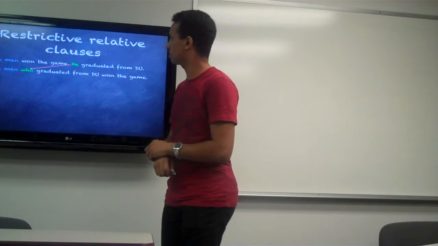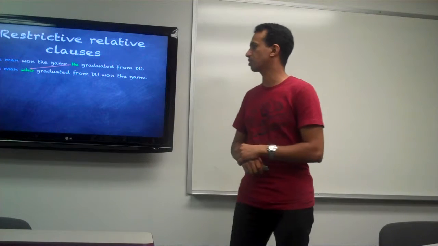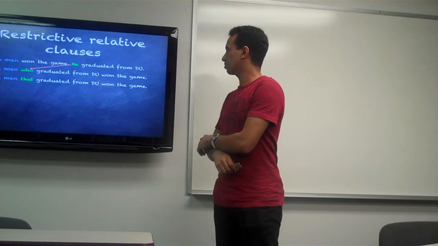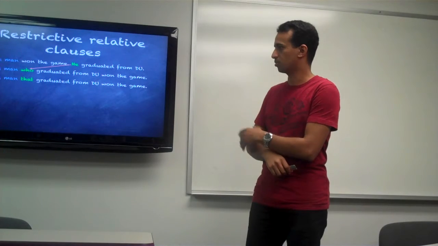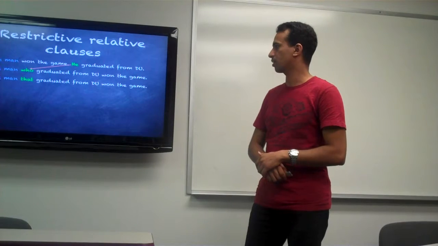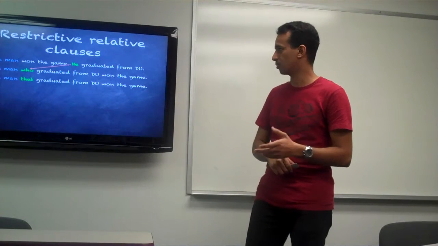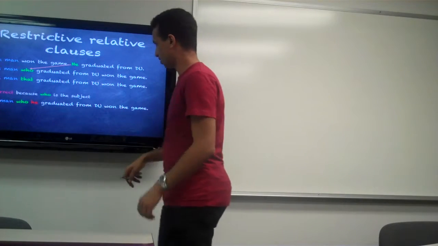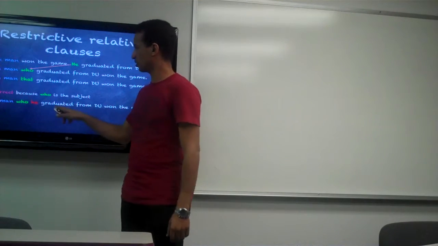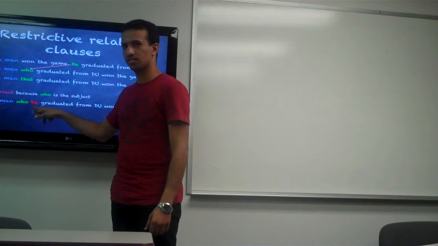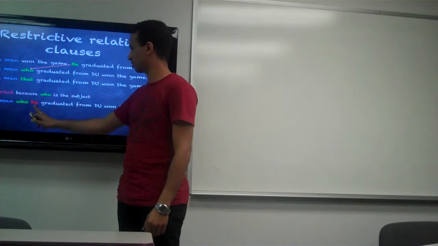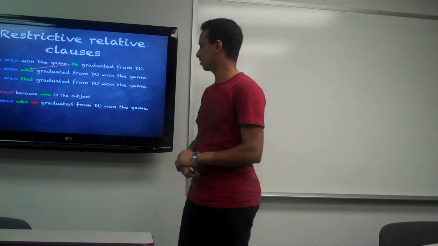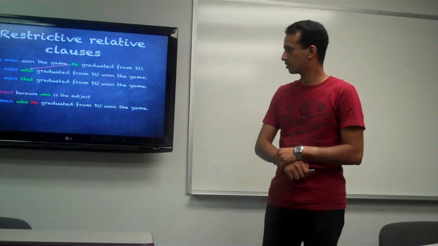Here is another example, using a relative pronoun for the subject to describe the subject. The man who graduated from the U won the game, or the man that graduated from the U won the game. This one is wrong because of what? We use he. We cannot have two subjects in the adjective clause.